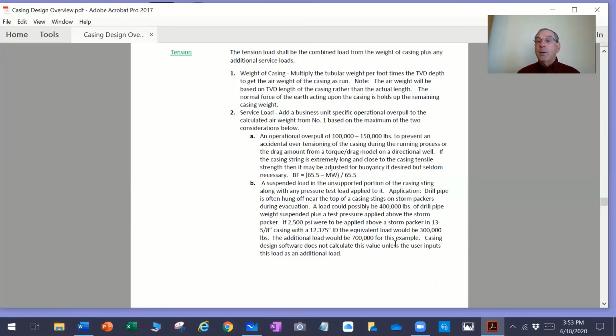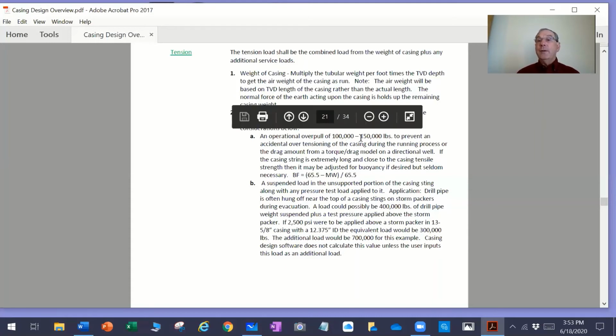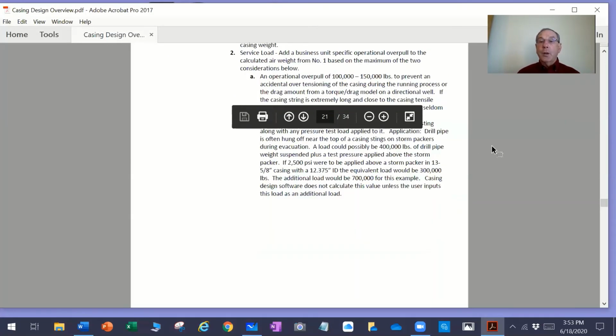And like I say, that number is not listed on anything. You just have to know that that's what you may do based on your experience of your operation, and consider a 700,000 pounds weight at the top as opposed to this 150,000 pound weight at the top overpull. Whichever is the greater for your operation is what you're going to have to consider.